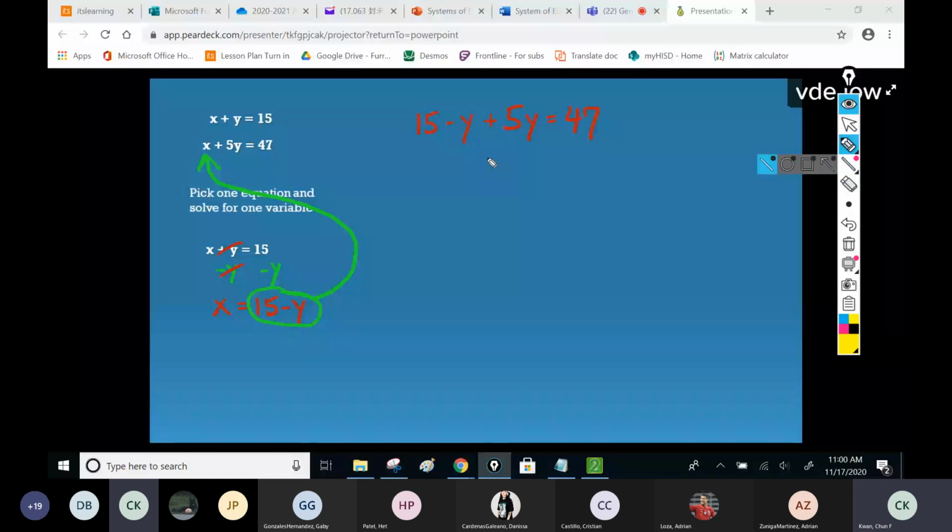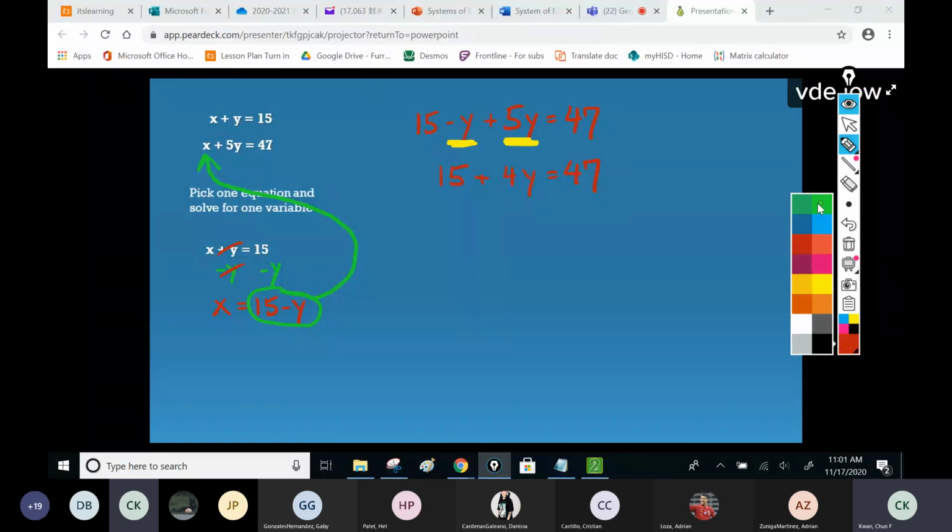So 15 minus y plus 5y equals 47. And then combine the like terms right here. And then we will get rid of the 15.